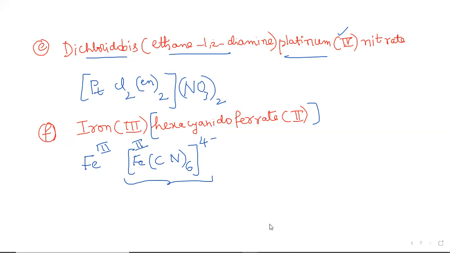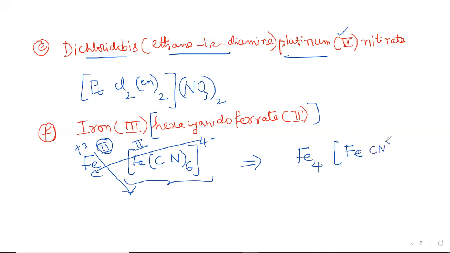So the oxidation state of iron in the counterion is +3. If you take this +3 and -4 in the crisscross method, you will get the correct formula of the complex as Fe4[Fe(CN)6]3.